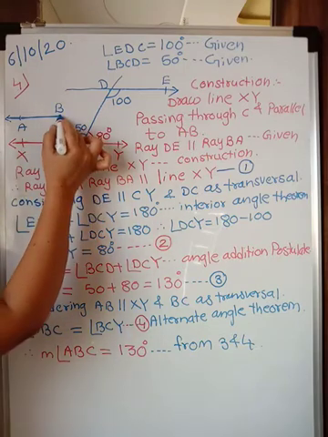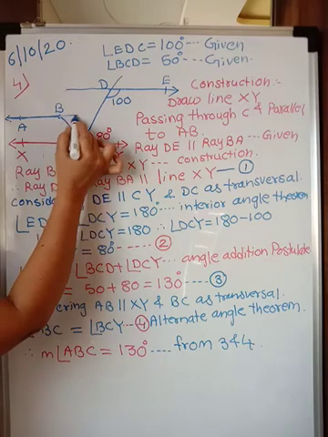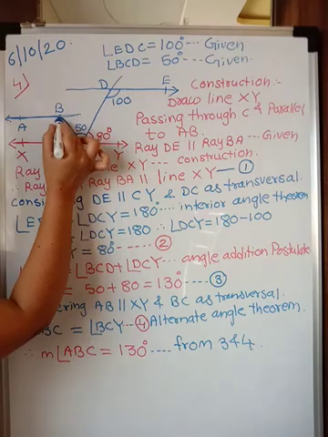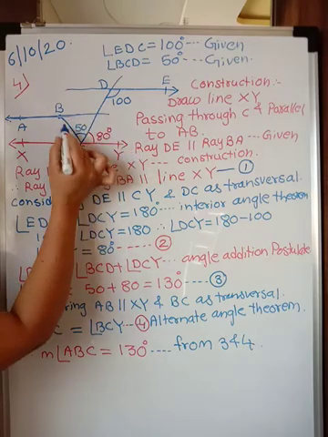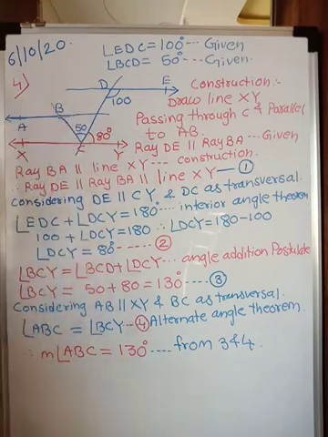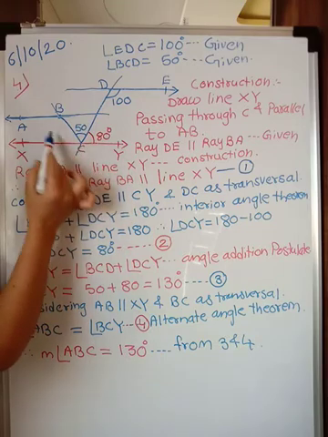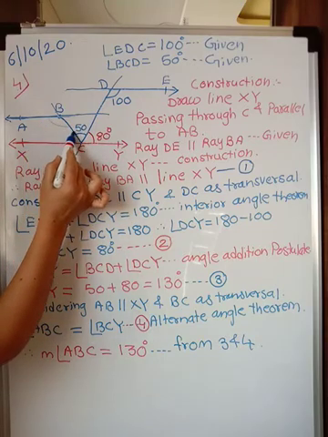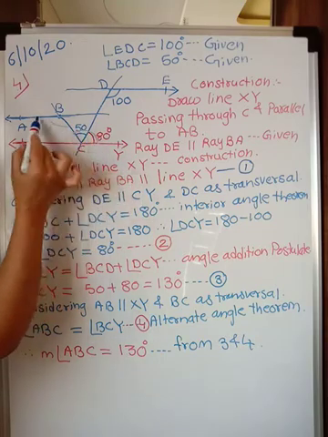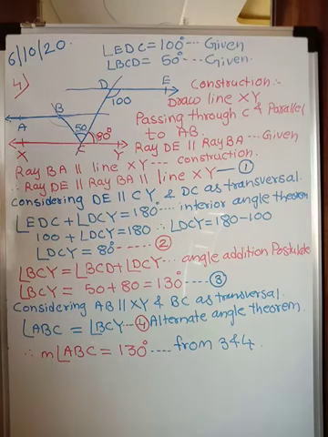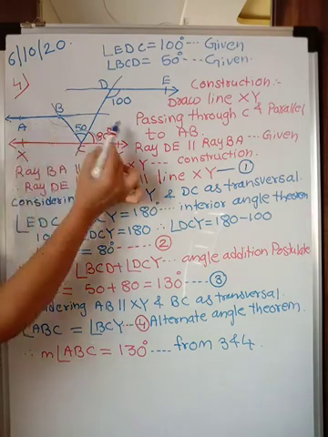Again, let me extend for you to understand. See, I am extending this line, and I extend this also. Can you see that angle ABC and this angle are now alternate angles? Can you see this Z which is formed when I extend these two lines?